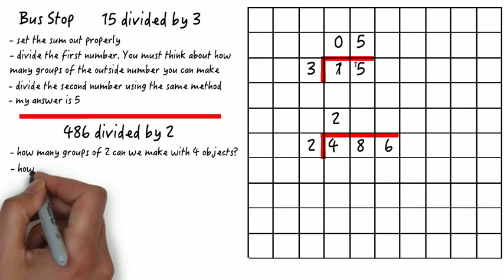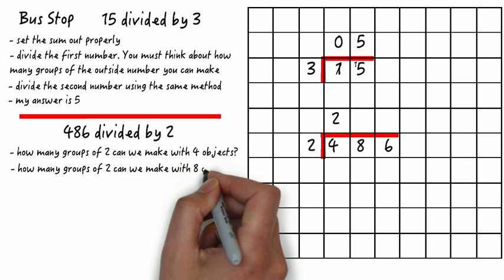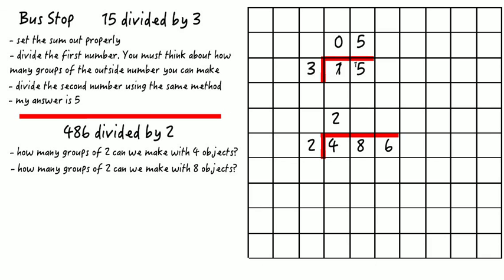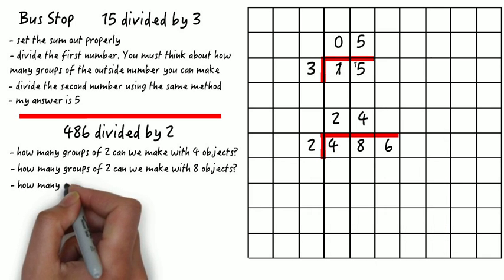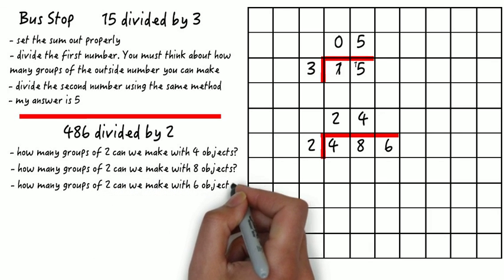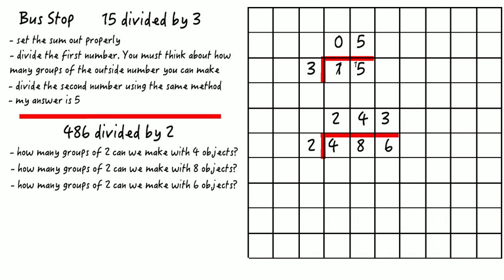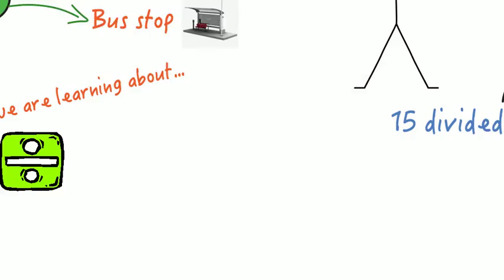How many groups of 2 can we count in 8? 4. How many groups of 2 can we count in 6? 3. So our answer is 243.